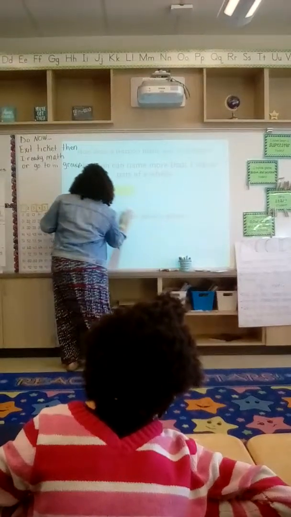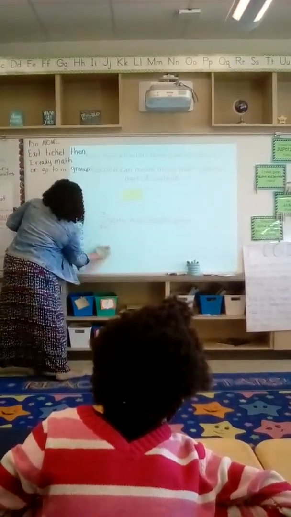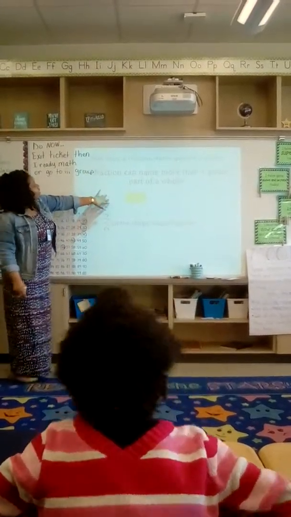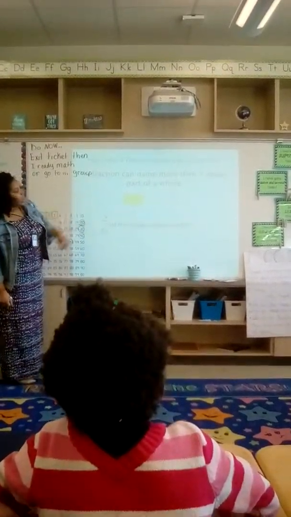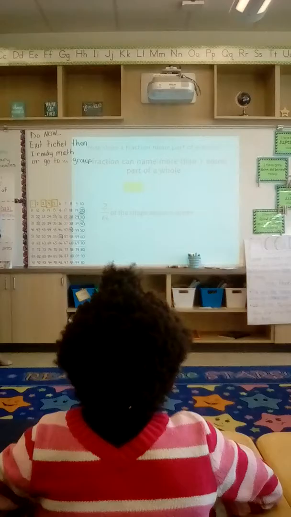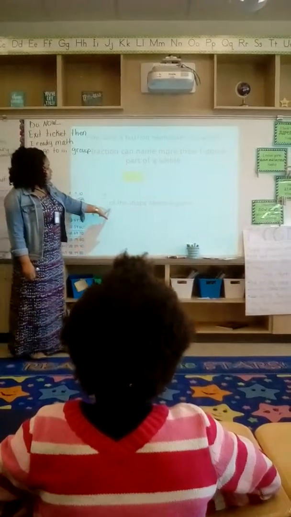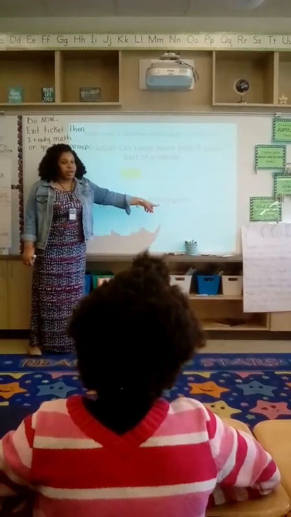Here we have a picture of a fraction, and it says a fraction can name more than one equal part of a whole. 2/6 of the shape above is green.